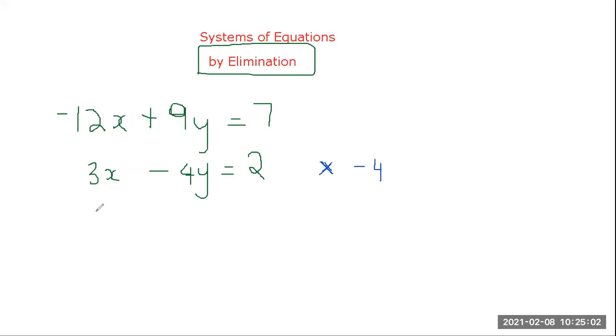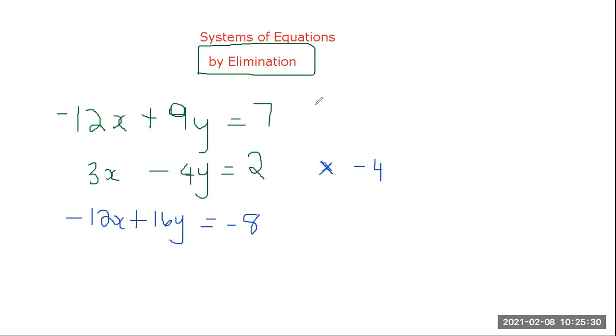If I do that, my new equation states -12x, and then I have to do the same thing with the other terms. So -4 times -4y is positive 16y. Whoops, forgot my x. So that's -12x plus 16y equals, then I have to do -4 times 2, which is -8.